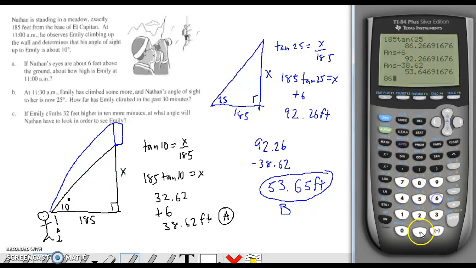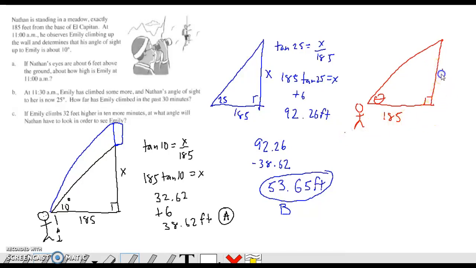So I'm going to add 86.26 with the additional 32 feet that she climbed. So that would be 118.26. And here we have the tangent ratio, 118.26 all over 185.